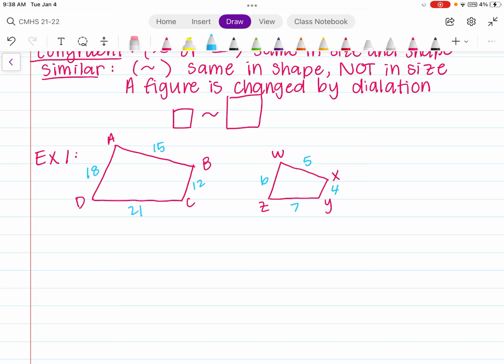All right, so I'm just going to teach you how to say these things are similar, all this different stuff. The first thing we're going to write is something called a similarity statement. And we're kind of familiar with this from congruence.